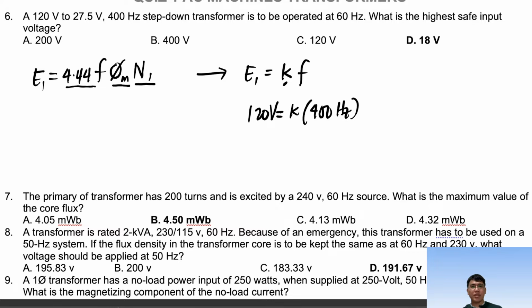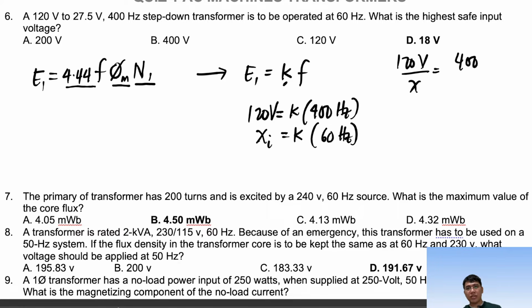And of course, the second scenario is that we don't know how much input voltage is safe when we want to input 60 hertz. So let X be the input voltage. Dividing both, we have 120 volts over X equals 400 hertz over 60 hertz.